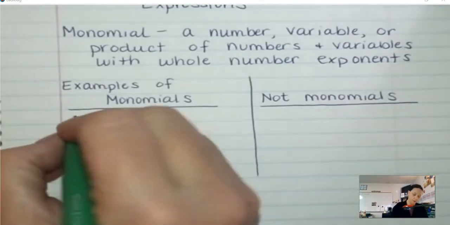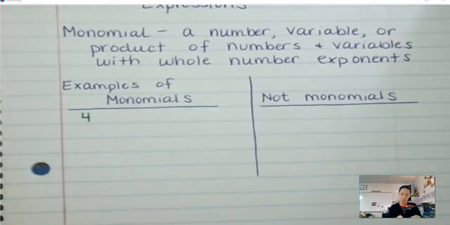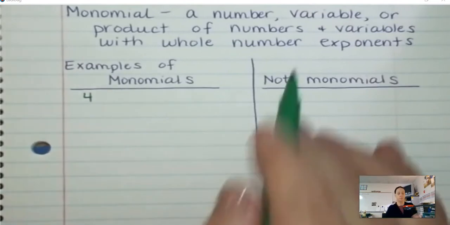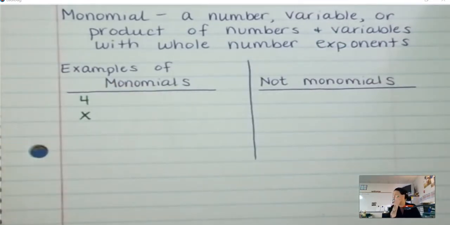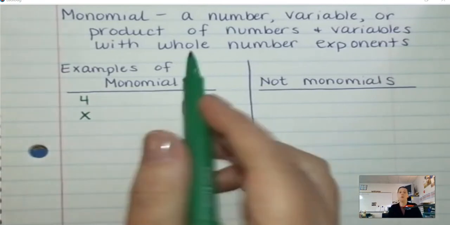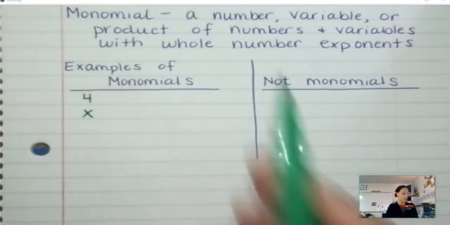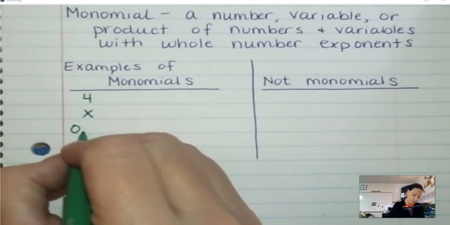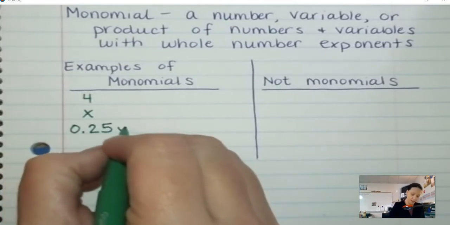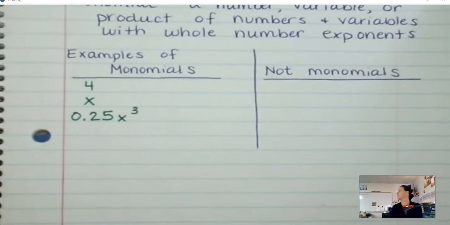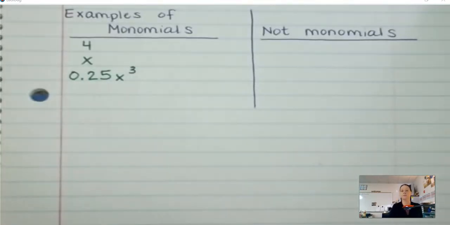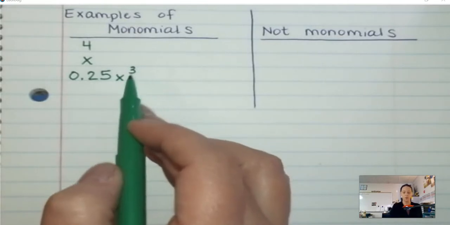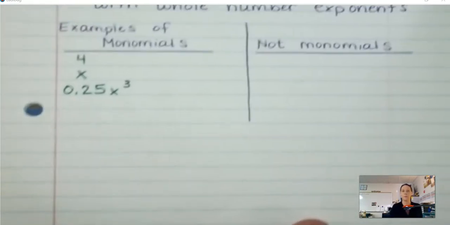So like 4. 4 is a monomial. It could be a variable. So the letter x, that's a monomial. Or it can be the product. Product is multiplying. So something like 0.25 x cubed. Because we're multiplying 0.25 times the x cubed. The cubed is a whole number exponent as well.